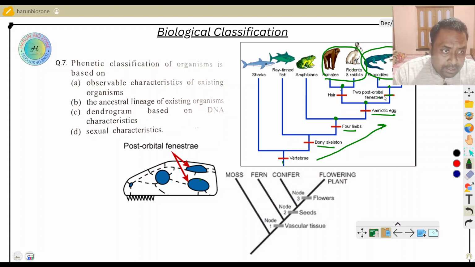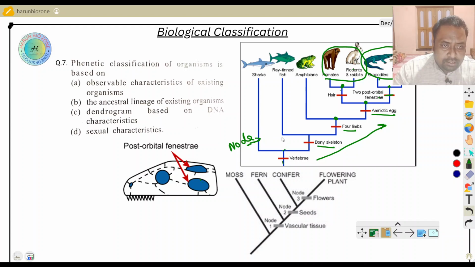When you move from here to here, the features become decreased and the relation becomes increased. So each part is called a node. This is called a node. Suppose this is called a node. The whole thing is called the dendrogram, and this is called a node, and this is called a branch.